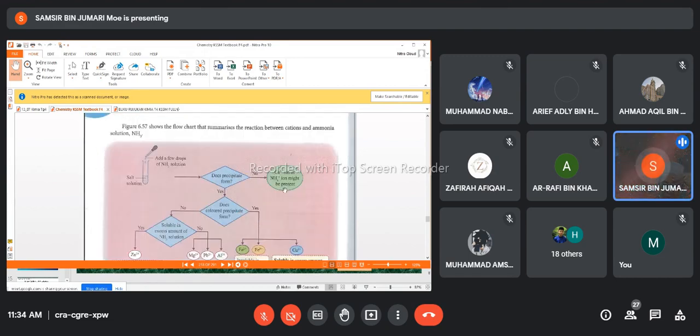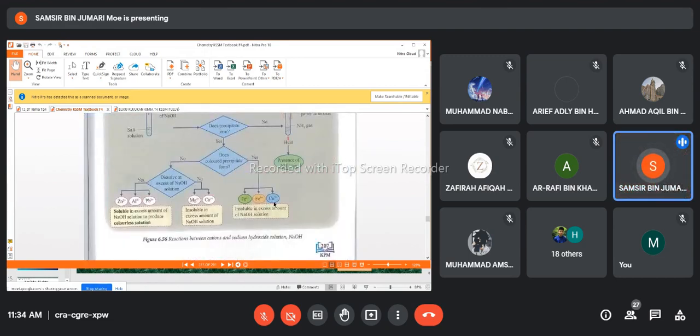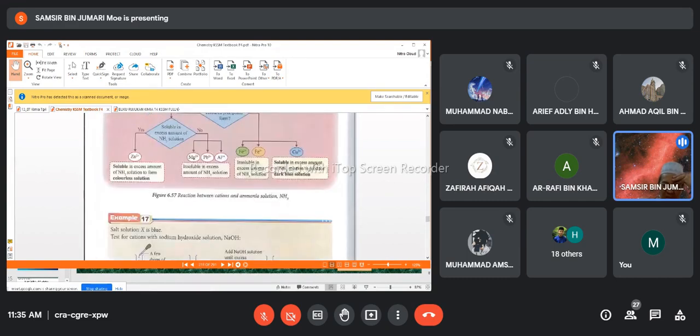Kalau kat sini ni mendapatkan biru ni, blue precipitate will be formed not soluble. Kat sini blue precipitate will be formed and then soluble or dissolve, okay, in the ammonia aqueous solution or excess ammonia aqueous solution to produce dark blue solution.